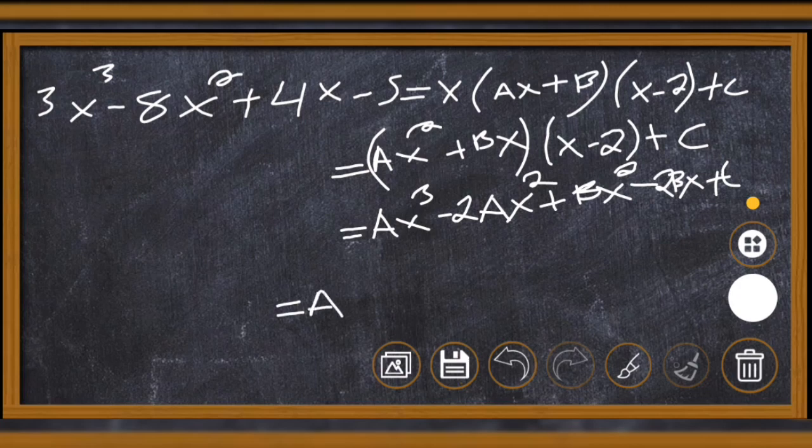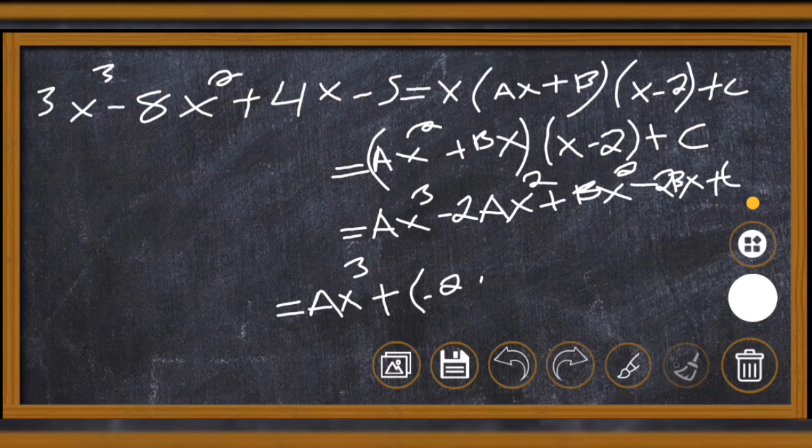So we are going to have ax raised to power 3. Then this one and this one both have x squared. This implies that they can be factorized, where we simply factorize out x squared since it's common to both. So in the brackets, we are going to remain with negative 2a.